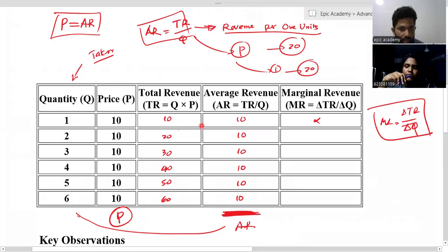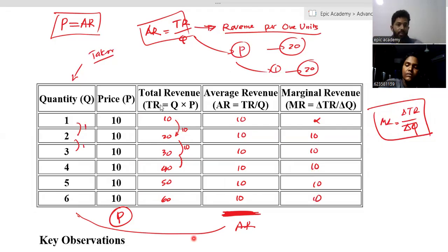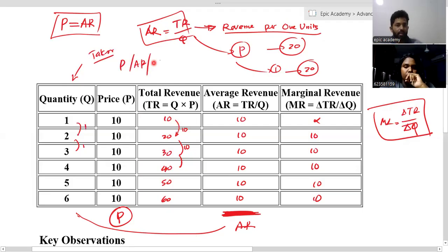But the difference in TR is just 10. 10 divided by the difference in Q, 1, gives 10. The difference again is 10, again 1. Again 10, again 1. So what happened to the P, AR, and MR values? They are equal.